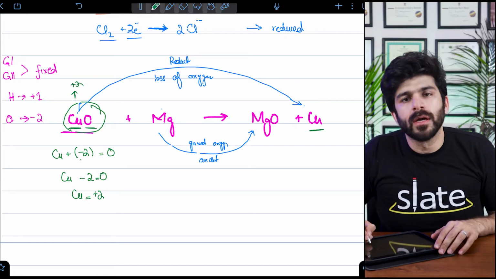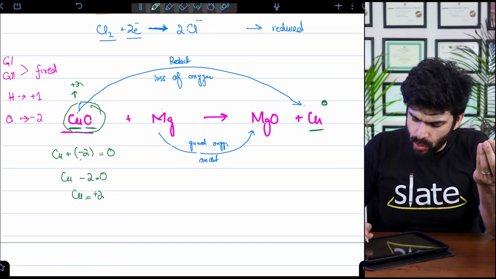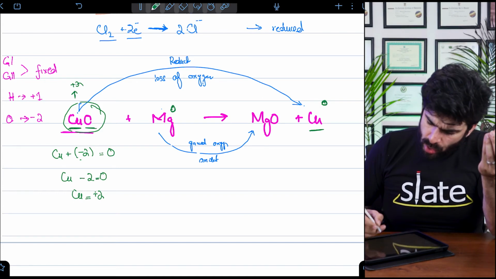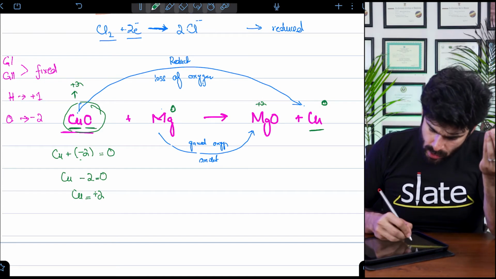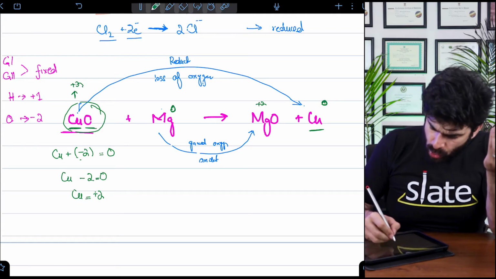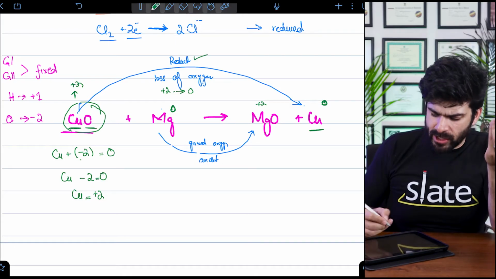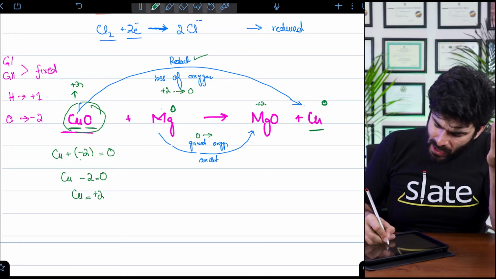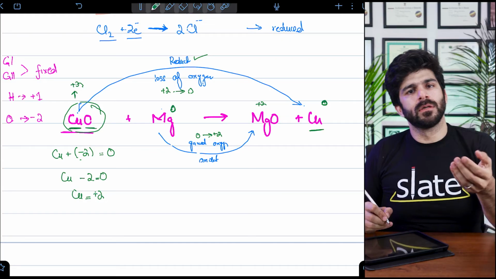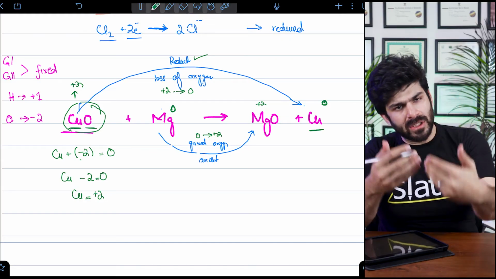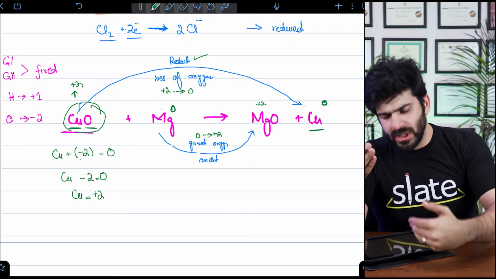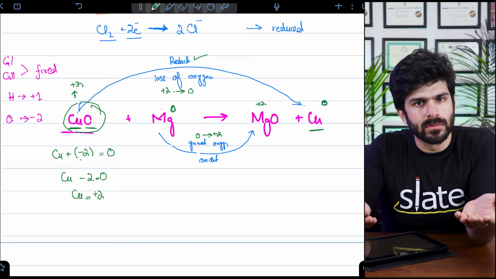And here, it's just an atom, 0. Likewise, magnesium here is 0. Here, magnesium is +2. So from +2 to 0, that's the decrease in oxidation state, that's reduction. 0 to +2, that's an increase, that's oxidation.